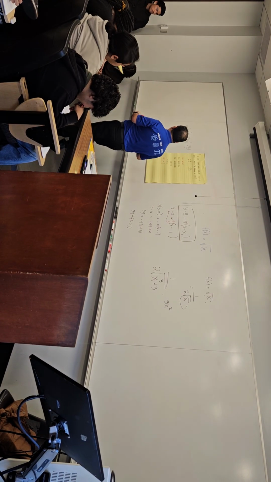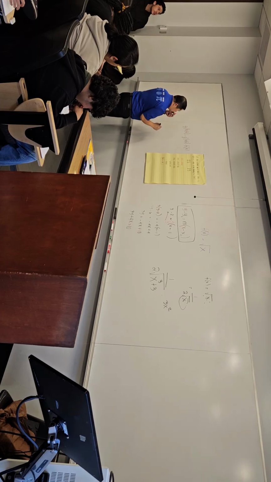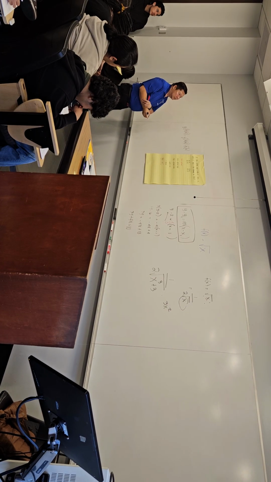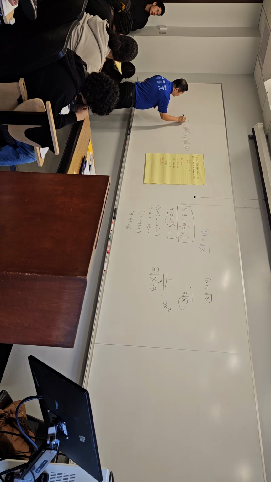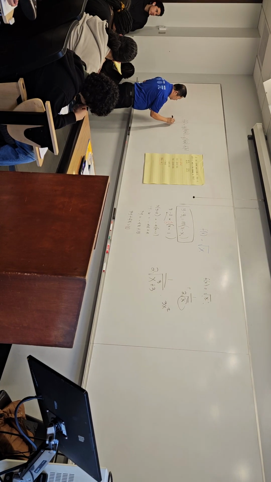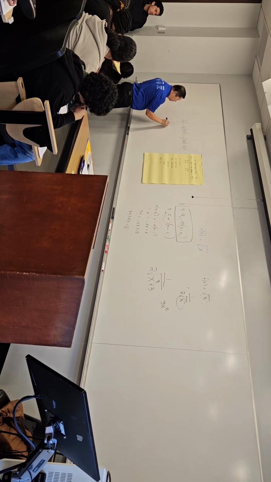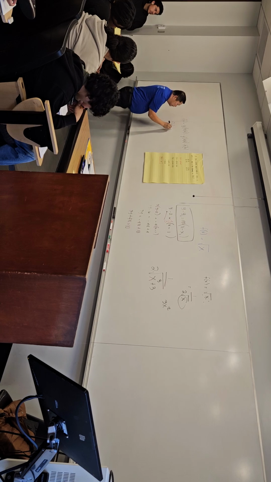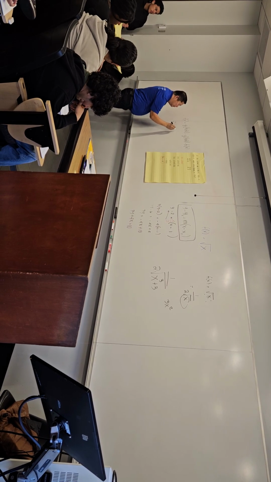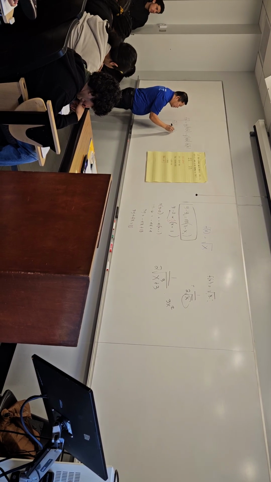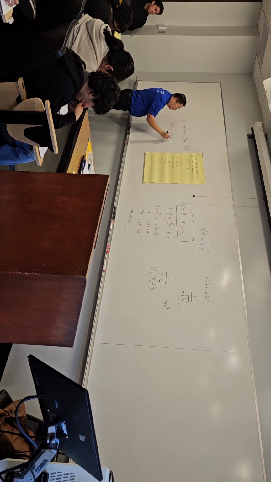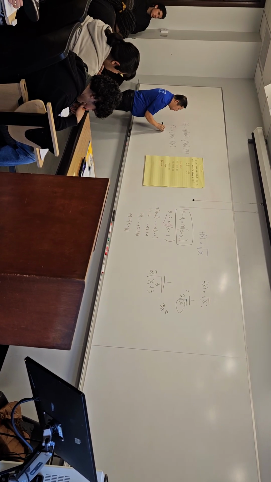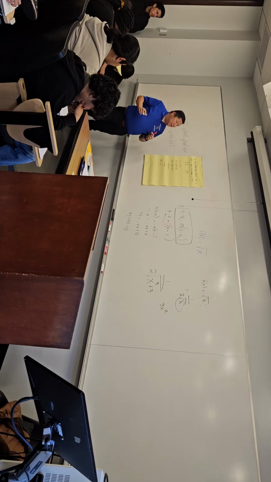Okay, so we take the derivative. So we have g prime of h of x times h prime of x, and we're going to plug in the given condition.